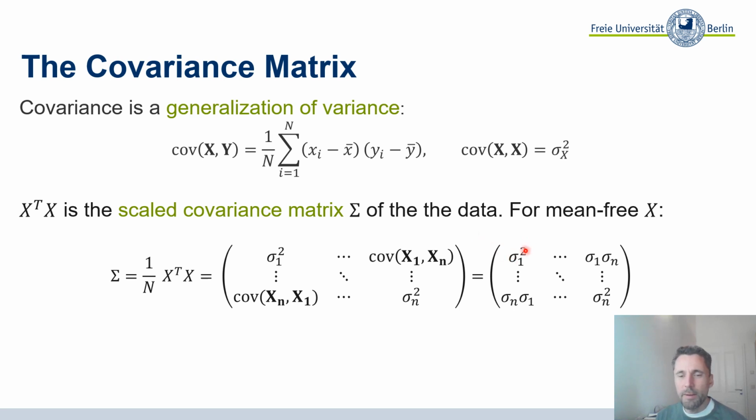It's a symmetric n by n matrix, where n is the number of dimensions. So in a two-dimensional case, 2 by 2. And then you have the diagonal filled with the variances. So each dimension, in 2 dimensions x1 and x2, has its own variance. And then left and right of the diagonal, you see those mixed covariances. So how much does the first dimension vary with the nth dimension, for example? Yeah.